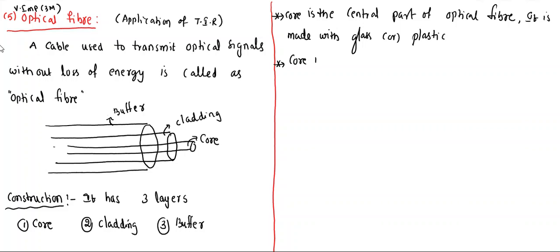Core is surrounded by a layer called as cladding. Core and cladding both are made with glass or plastic.